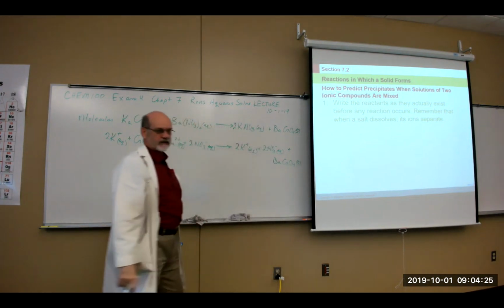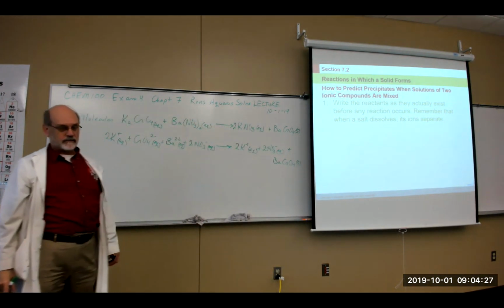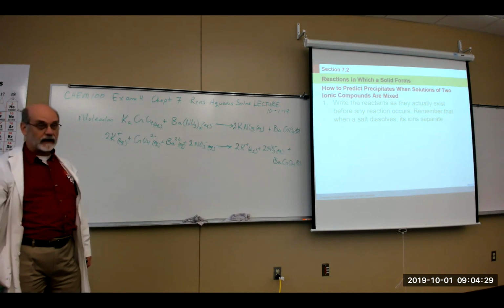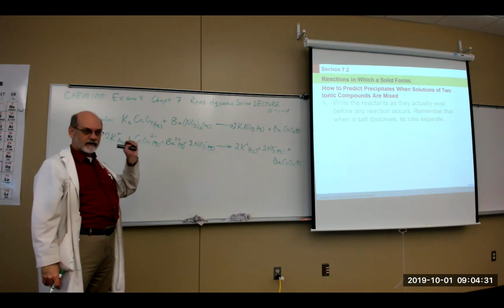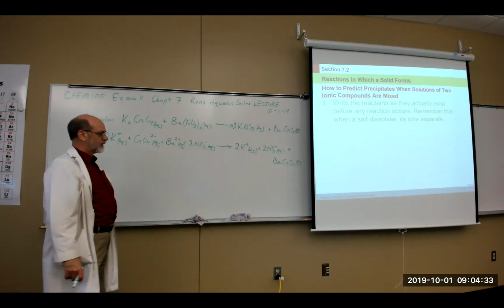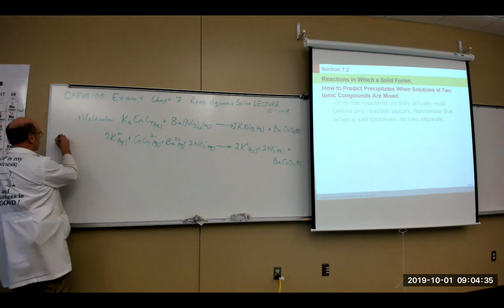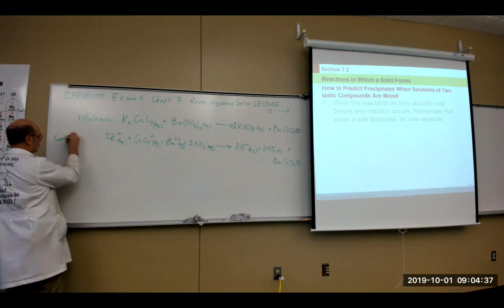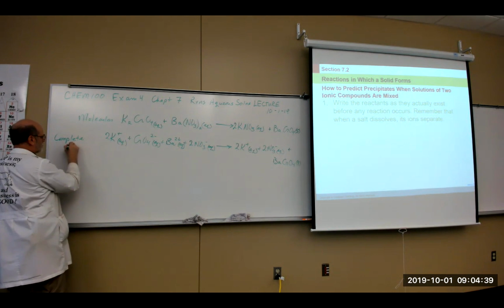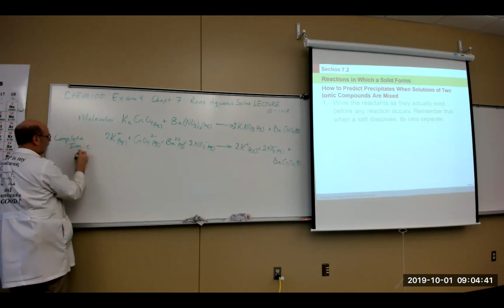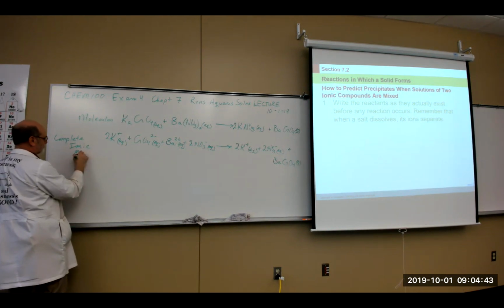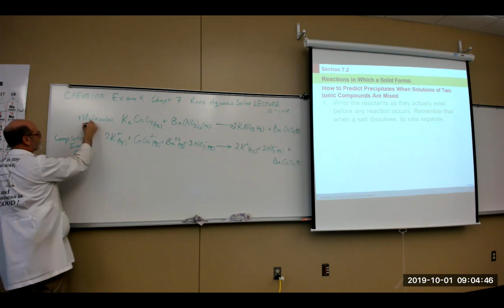You can't change it. Right? It's not in solution, it's a solid. So you have to write it as a compound. This is what's called the complete ionic equation. This is the molecular equation.